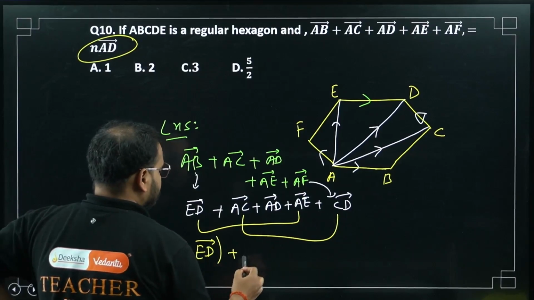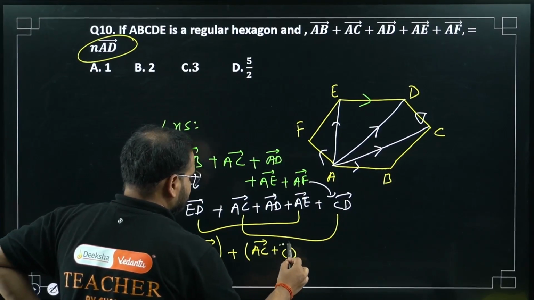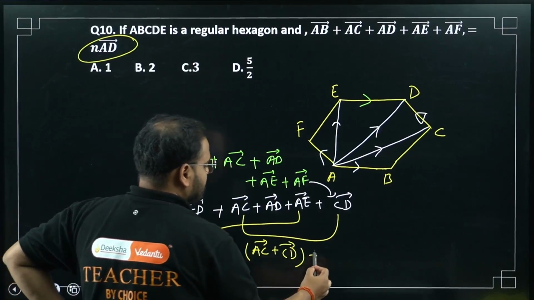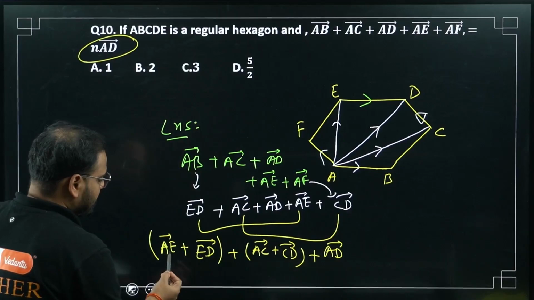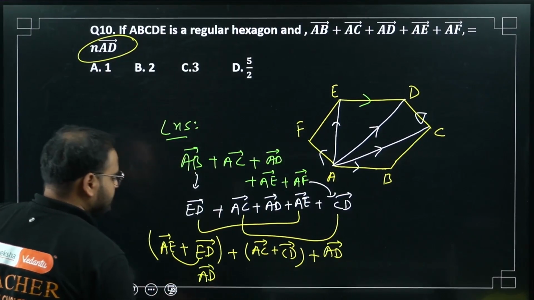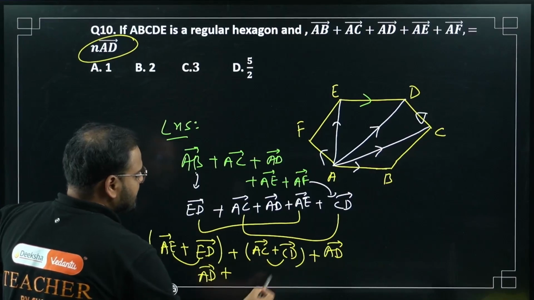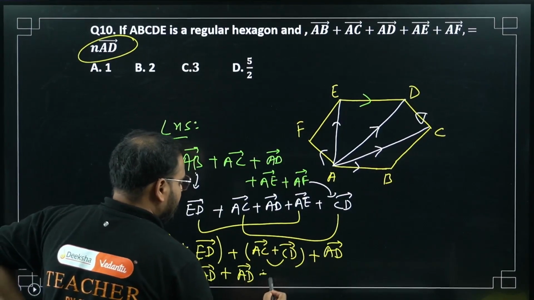AC plus CD, second one. And the last one is already AD. No problem. Have a look. AE plus ED, same E and E. So what is the answer? AD, sir. Over here, C and C. What's the answer? Again AD, sir. And the last one is already AD.